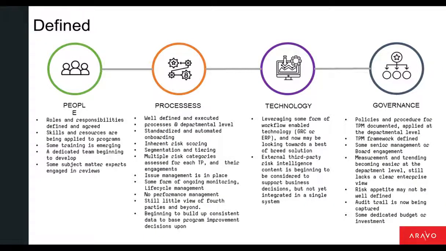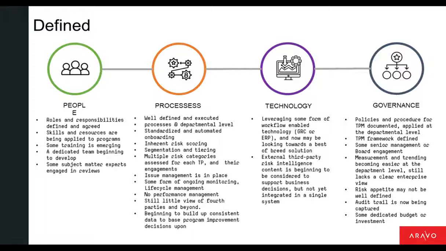Super, which really brings us to the defined stage. As organizations reach this defined stage, they're really starting to get established programs in place. They've got the right people, processes, technology, and governance beginning to take shape in their program.